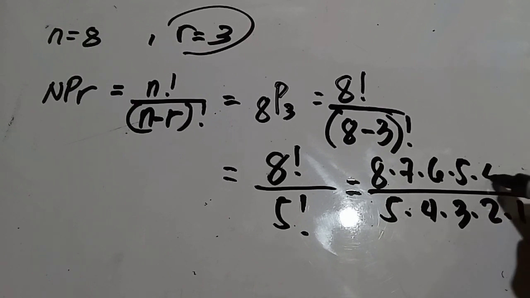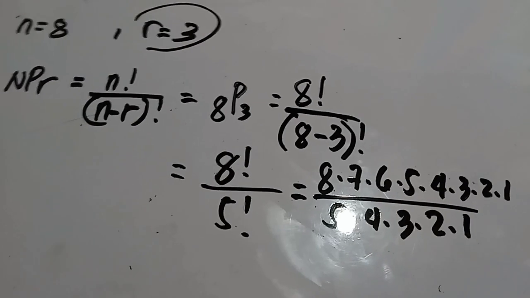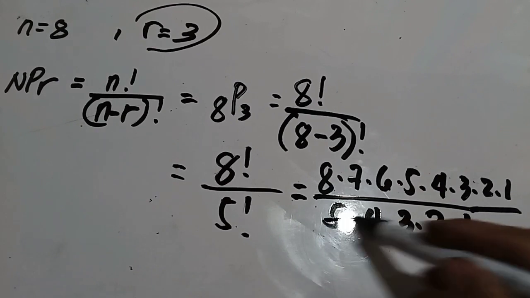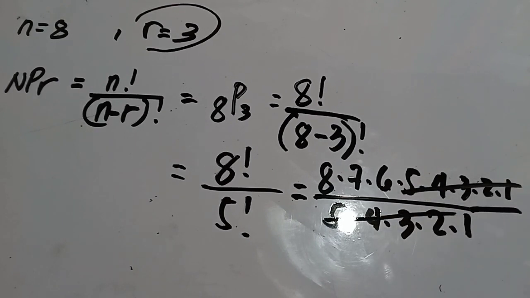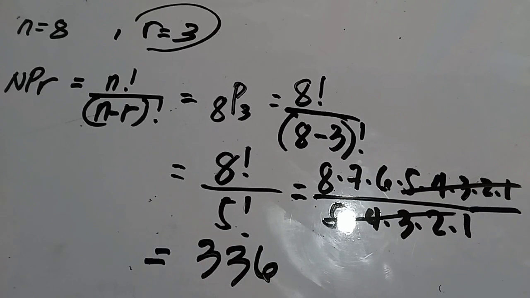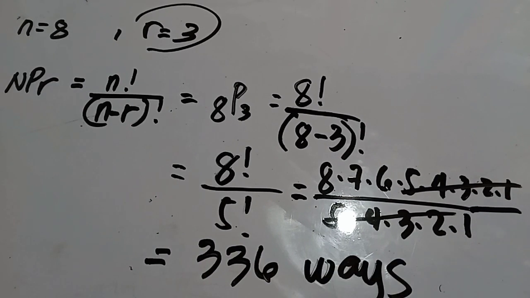Kasi kung ilagay natin yung 5 times 4 times 3 times 2 times 1, so ibig sabihin, i-cancel out natin yan. At saka ito, so anong naiwan natin? So 8 times 7 times 6. 8 times 7, that is 56. 56 times 6, that is what? We have 336 ways. Is it our final answer? Yes, this is our final answer.